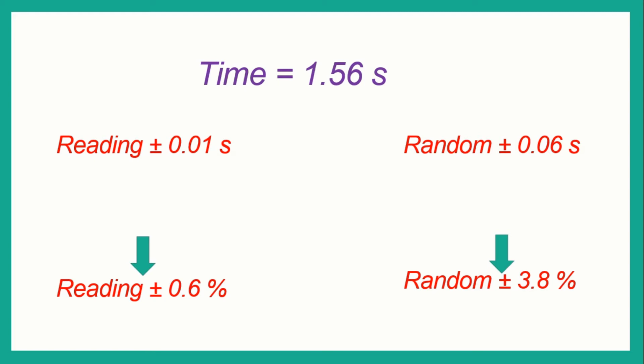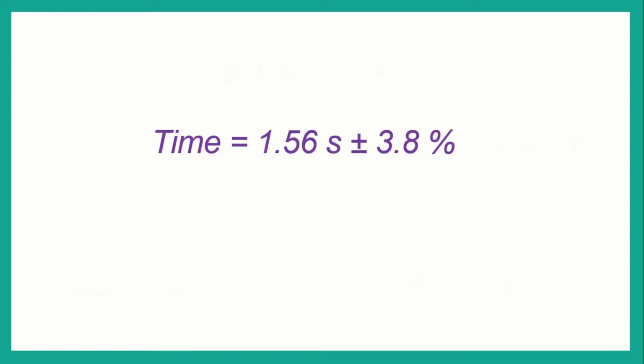This becomes our dominant uncertainty, and this becomes the overall uncertainty in our time. We could then state that the time is 1.56 seconds plus or minus 3.8%. Converting back into an absolute uncertainty, it gives us 1.56 plus or minus 0.06 seconds.